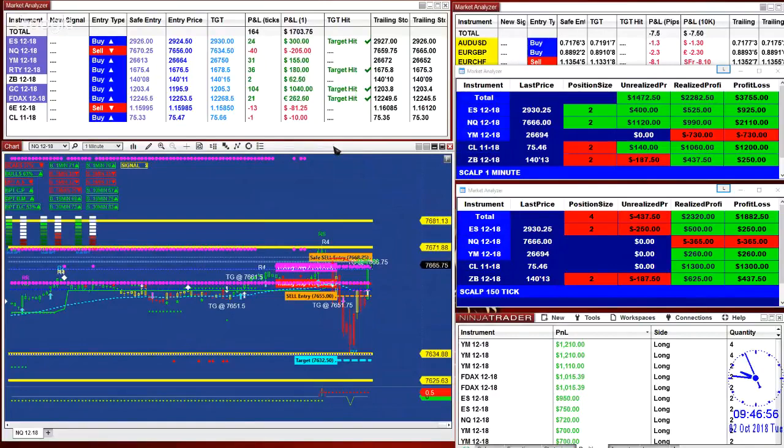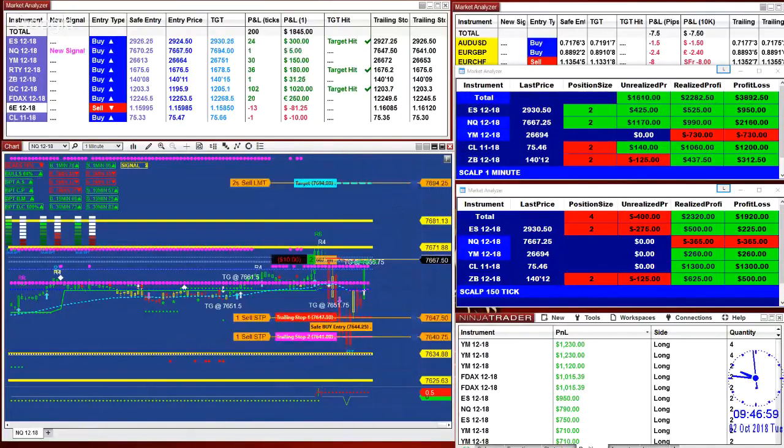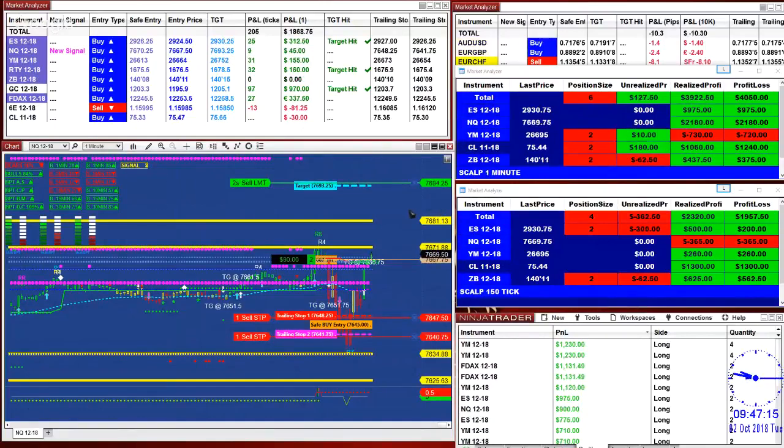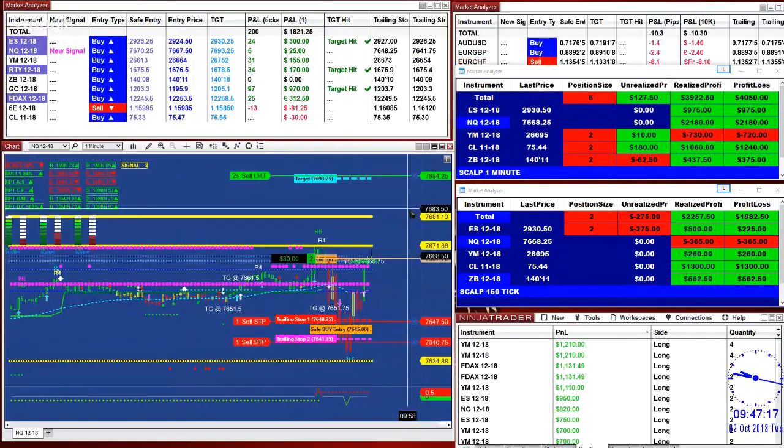For the ES, it is extremely strong to the long side, and there is a new signal on the Nasdaq, and here is your Nasdaq trade. The entry 6750, target 69350. So this is the second signal, and we will make sure. I don't like the ES right now.